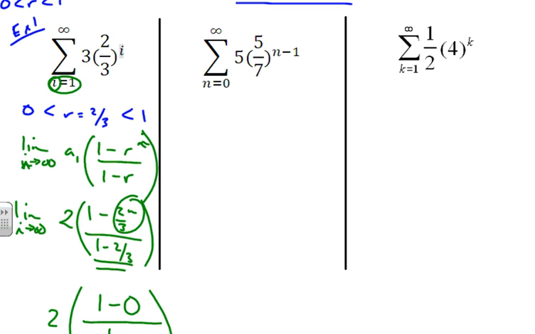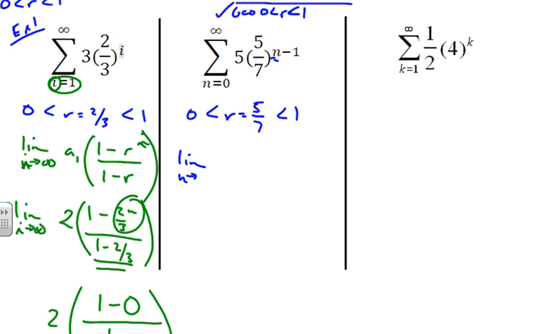Okay. Over here, once again, we have n this time. Is this geometric? It is, check, because it's exponential. Do I have a ratio which is less than 1 and greater than 0? Well, my ratio right here is 5/7, which is definitely less than 1 and greater than 0. So yes, it does have a converging value. So we're going to take the limit here.